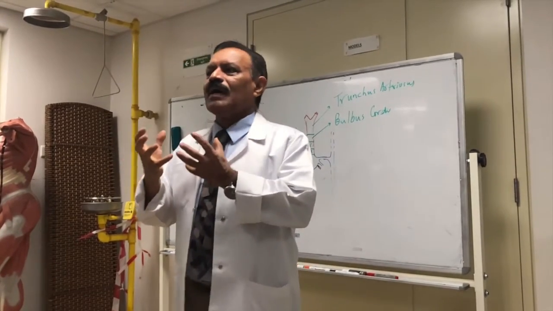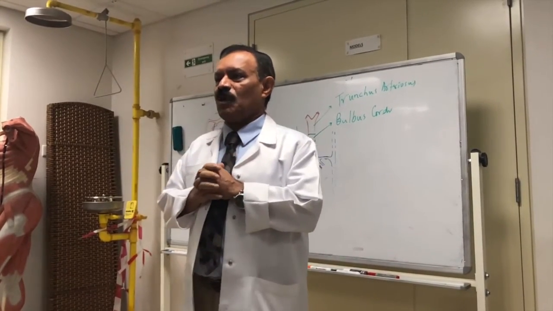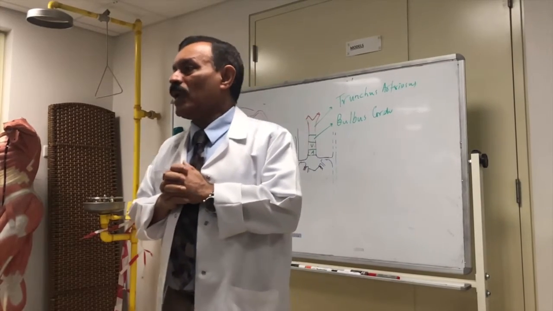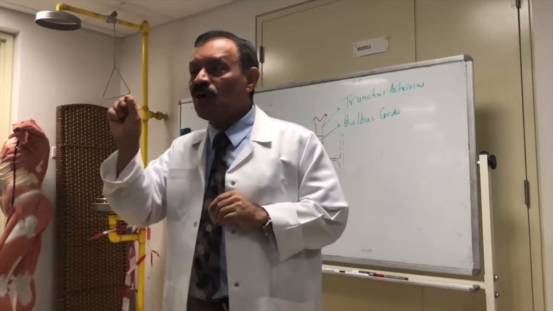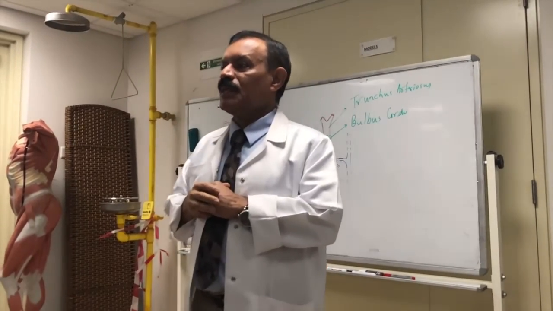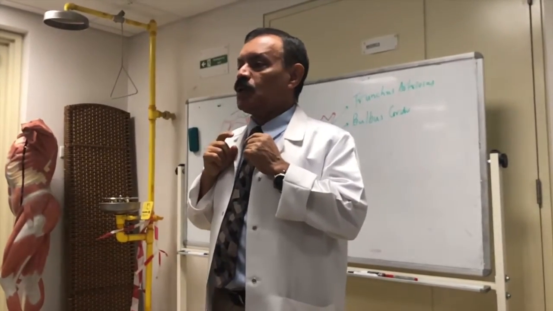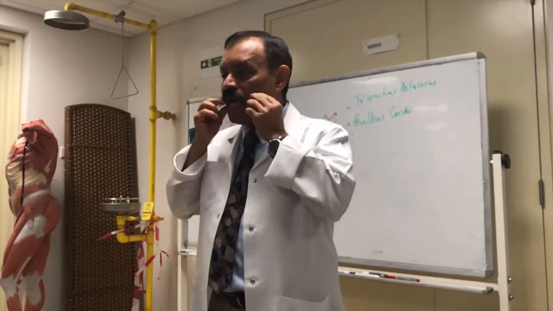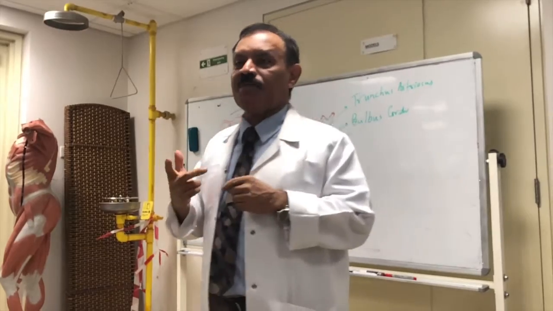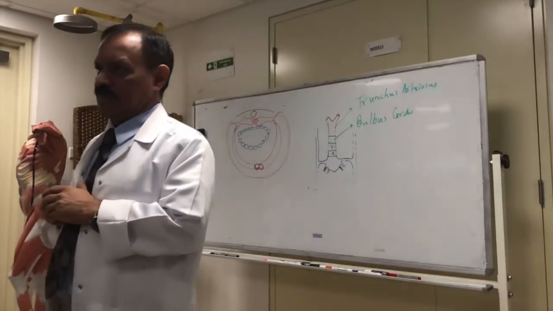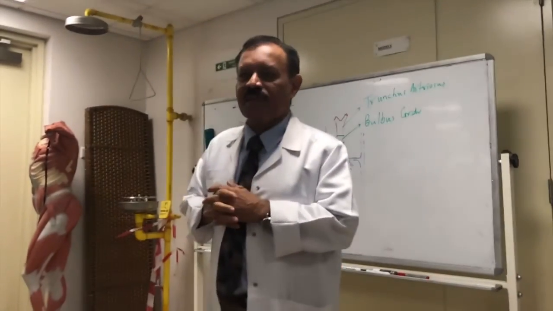This is not rocket science I'm talking about. When the bulbus cordis swells up, the muscle swells up, will it be thin or more tight? It will be thin. If you look at my cheek, if I do this, it is getting thin, and the more I do, it will burst. So out of the left and right ventricle, which one is thinner? The right ventricle is thinner.